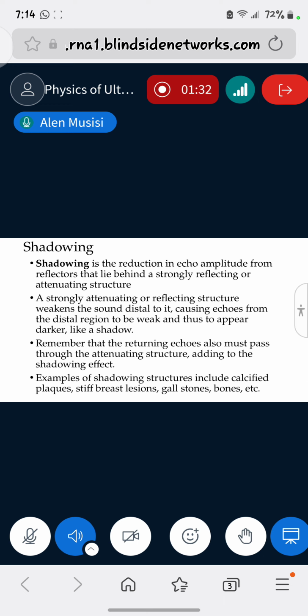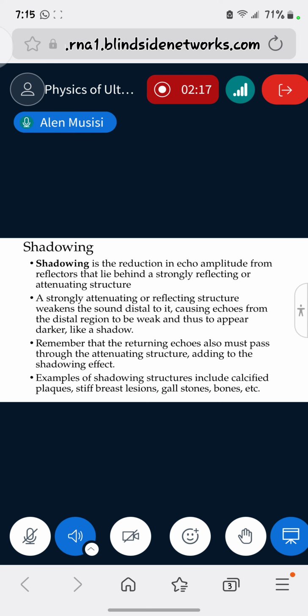So even here, with shadowing in ultrasound, whenever the beam encounters something which blocks it, something which reflects it, something which absorbs it, then that object which absorbs or reflects will cast a shadow on the structures which are behind it, because it has absorbed this beam and nothing is left to interrogate the structures beyond that structure.